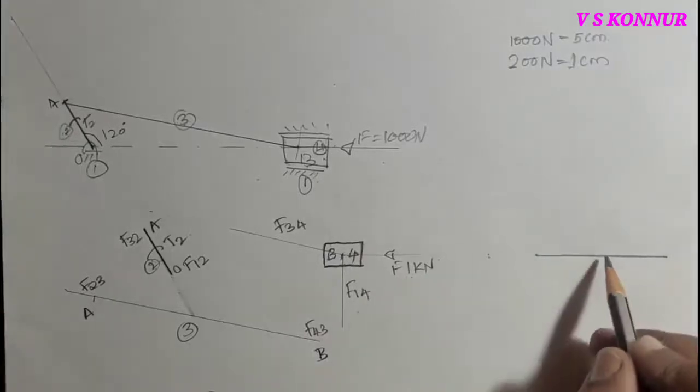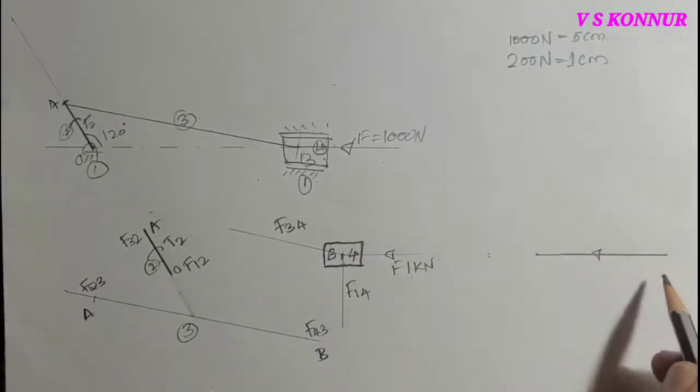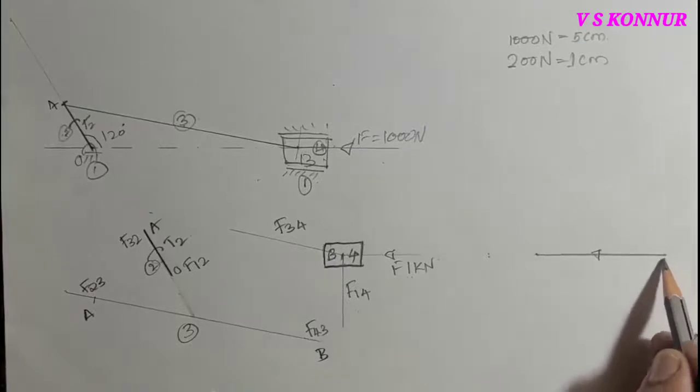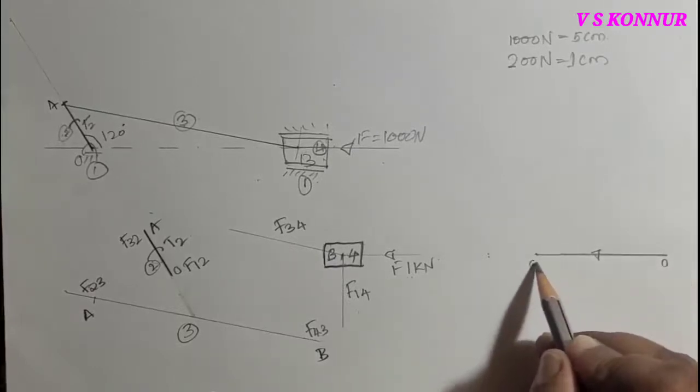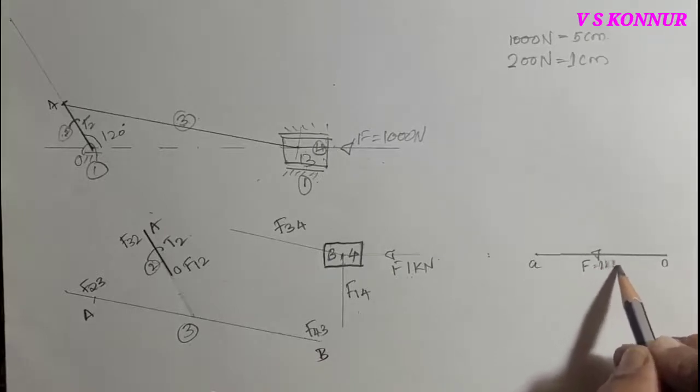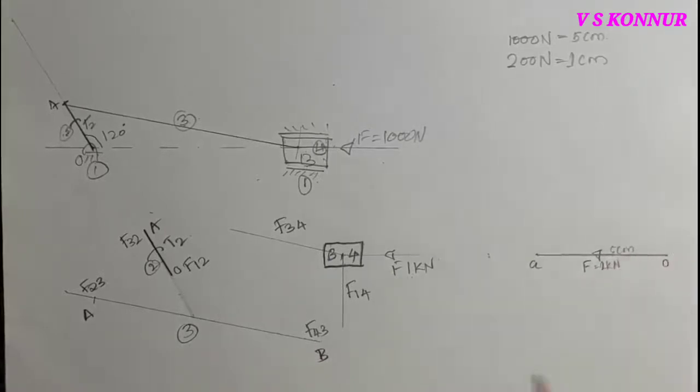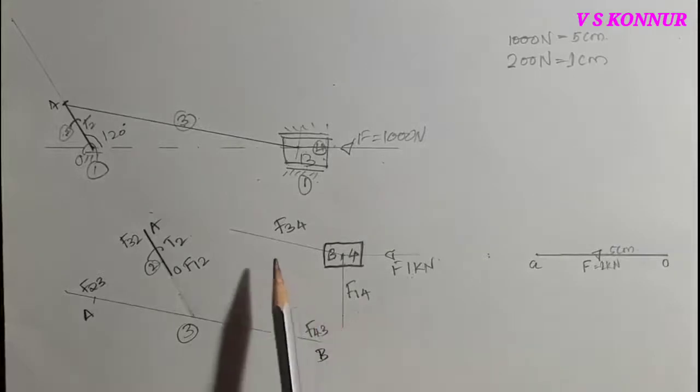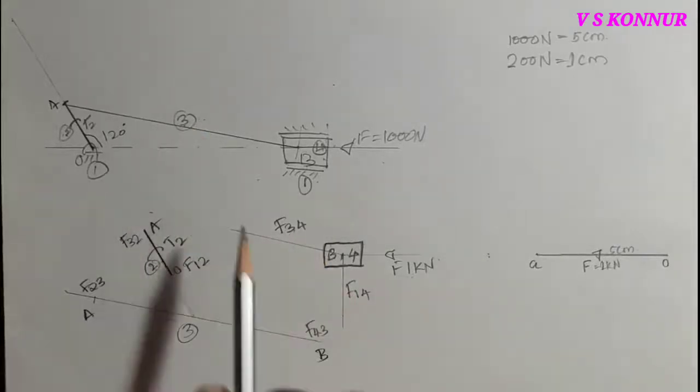So this force is known and the direction is also given. Depending upon direction, from O to A, this is the force F, 1 kilonewton and 5 centimeter. Now another two forces are known: one is perpendicular, another is F34 parallel to the third link.